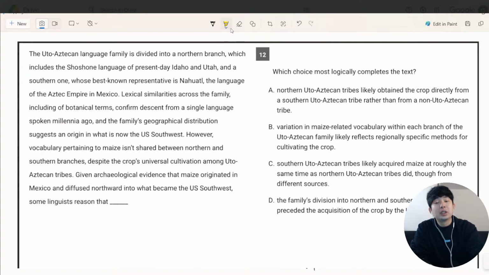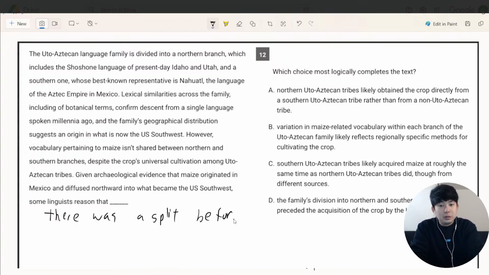Okay, so there's been a few of these. I even did one today from, I believe, Test 10 maybe, which is: was there a split before or after?